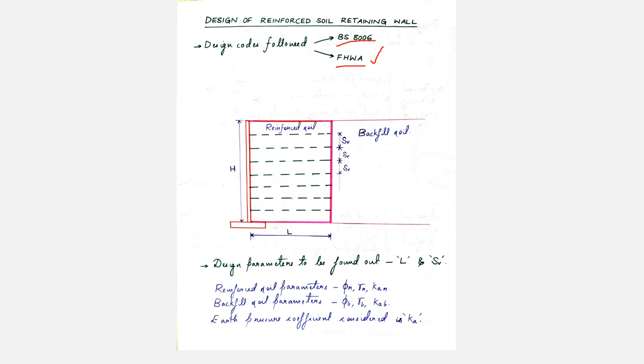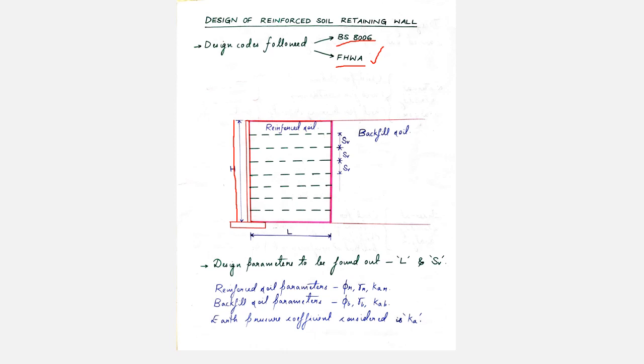See, the figure here shows a typical cross section of a reinforced soil retaining wall. H here denotes the total height of the retaining wall, which is measured from the top of the leveling pad to the top of the backfill soil.